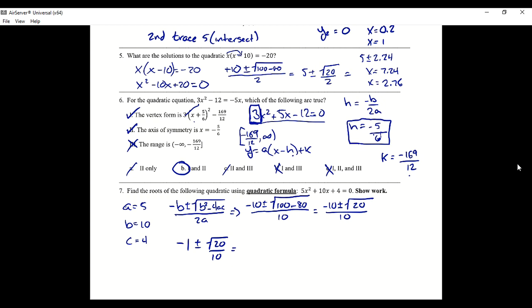So we can go negative 1 plus the square root of 20 divided by 10, which is negative 0.553.